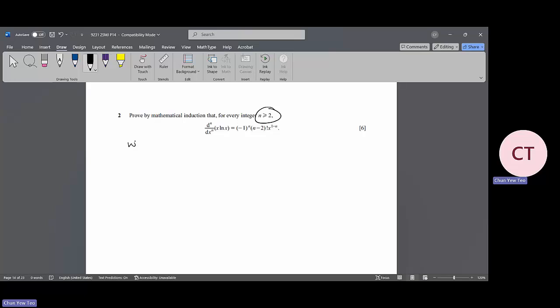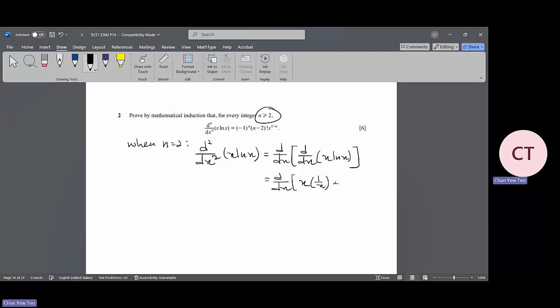When n is equal to 2, d squared over dx squared of x ln x is the derivative of d dx of x ln x. Differentiating, keep the left and differentiate the right, plus keep the right and differentiate the left, which is the same as differentiating 1 plus ln x.